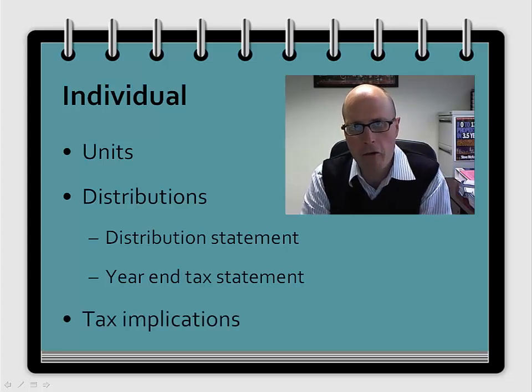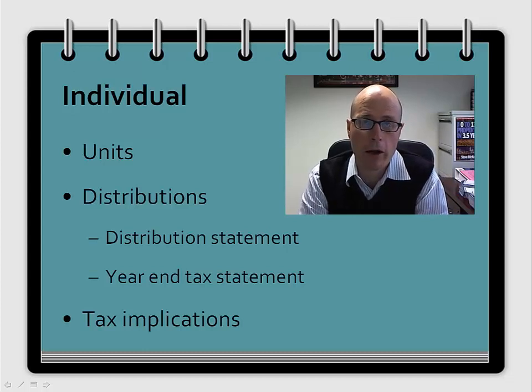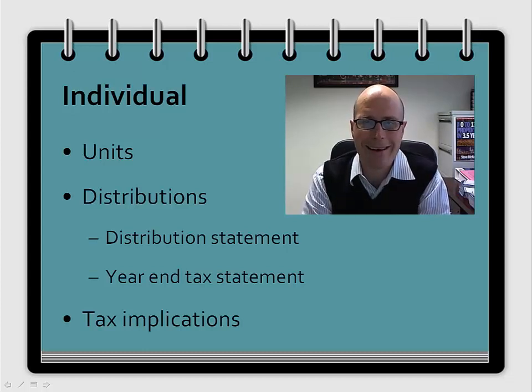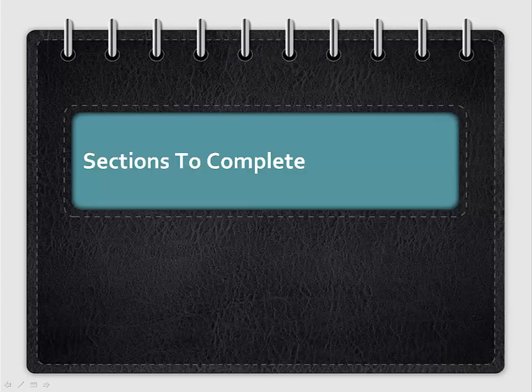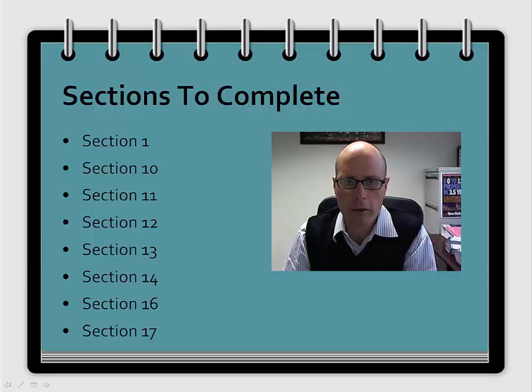Now, the tax implications of investing in your own name, without giving you advice, means that any income that you receive and any capital gain that you make will need to be recorded on your own income tax return, and you will pay tax at your marginal rate on that income distribution and also on any realized capital gains.